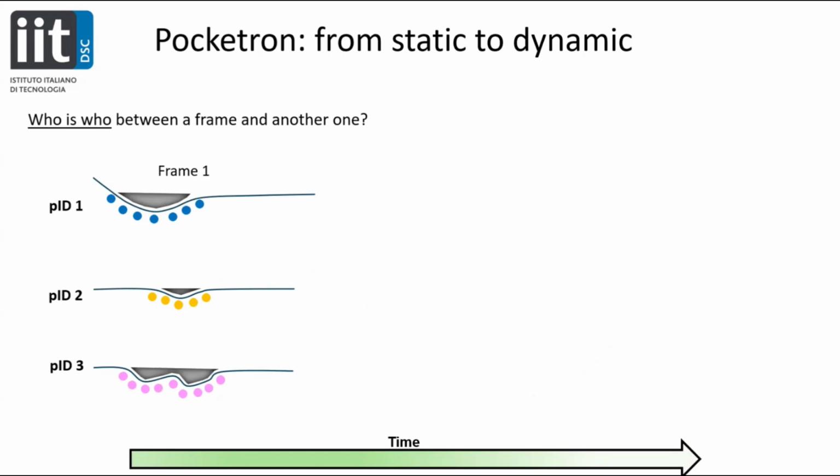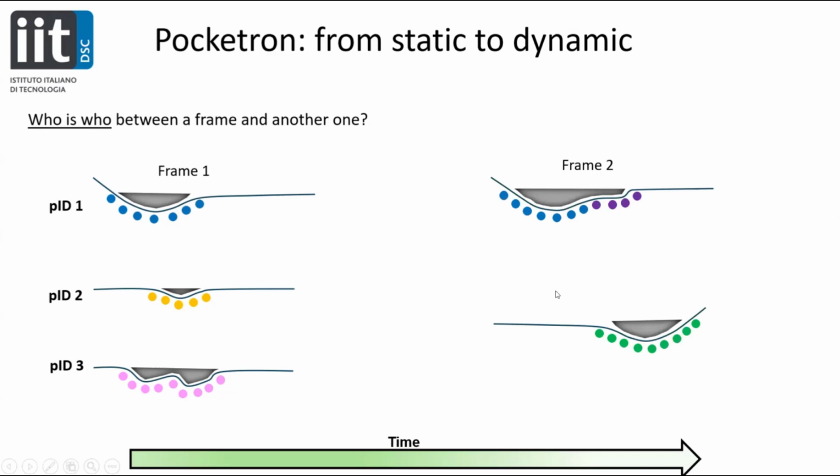Imagine you have your frame, you have several pockets arising, and you have the residues which characterize that pocket, which are around it. And then you have another frame, another time step in your molecular dynamics, and you have another pocket here and another pocket here, and you want to understand who is who. So this is the problem that you want to solve.